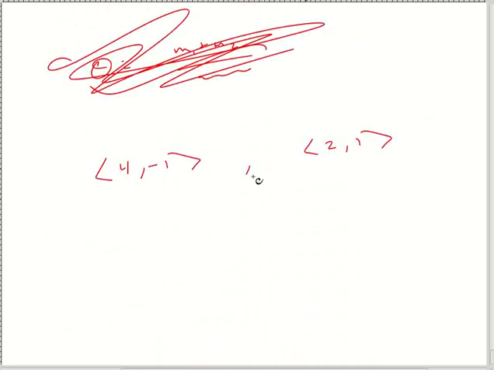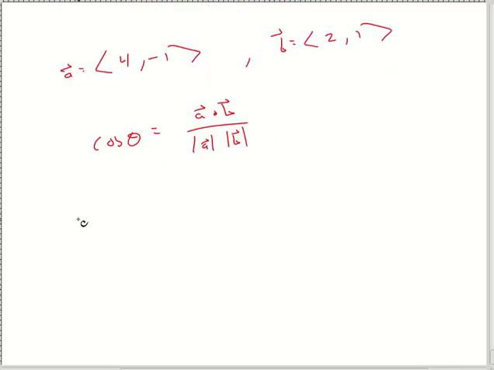So now I have my two vectors, and I remember there's a formula for this. There's an A, there's a B, and then we got our dot product divided by the magnitudes. So there's your formula. Let's go ahead and toss it all in. So A dot B, what would that look like?